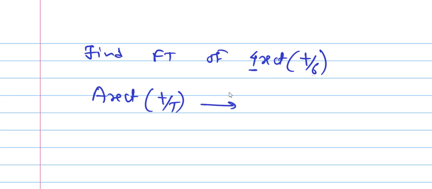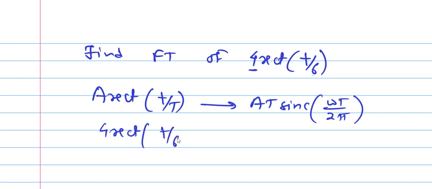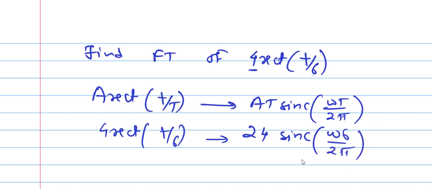The answer is A T sine of omega T by 2, upon pi. A is 4, T is 6, 4 into 6 is 24, sine omega, our answer will be in terms of omega, T is 6, 6 upon 2 pi. So the final answer is 24 sine 3 omega by pi.